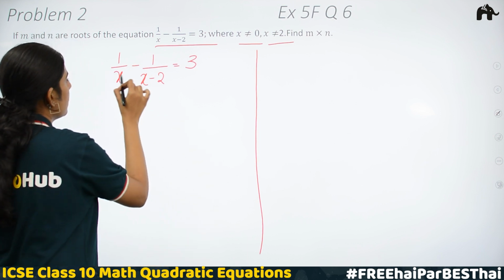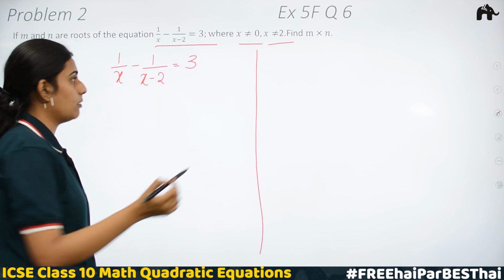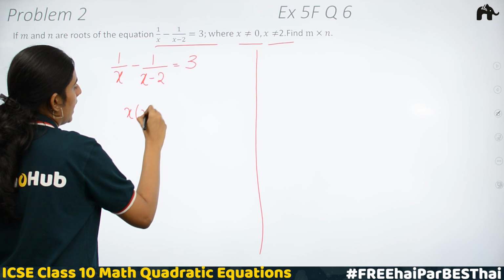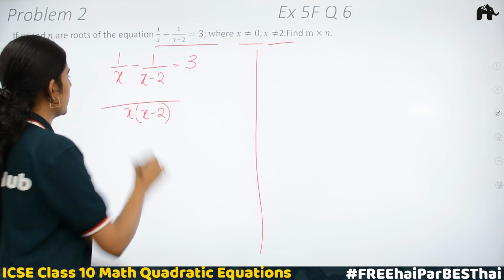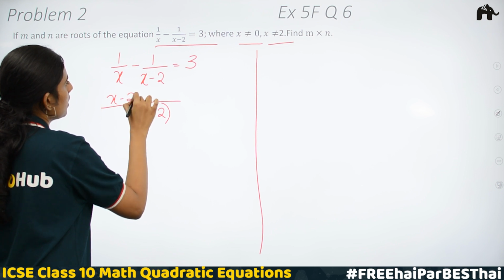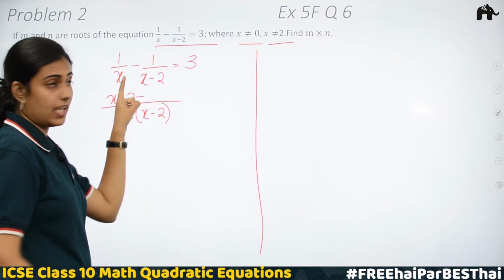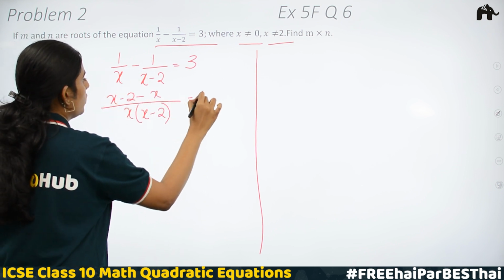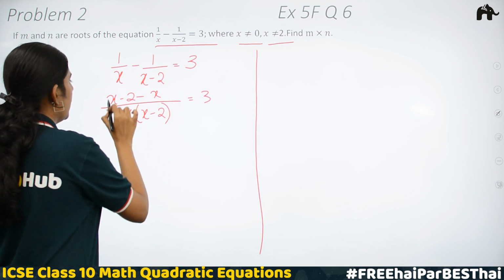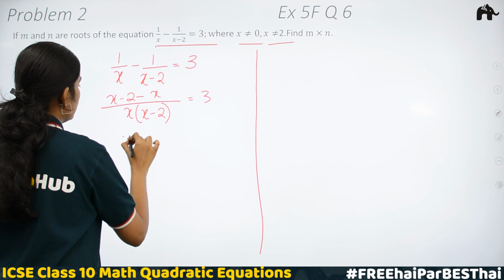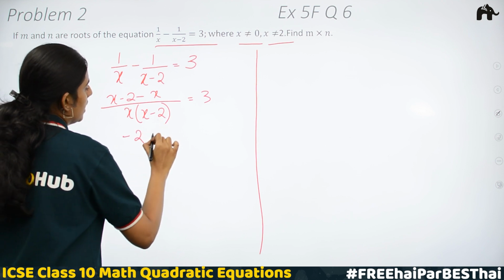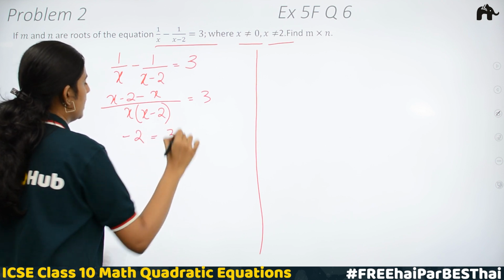Let's solve this taking LCM. x into (x minus 2), numerator 1 into (x minus 2) minus 1 into x is equal to 3. x minus x is 0. Here we have minus 2 is equal to 3.